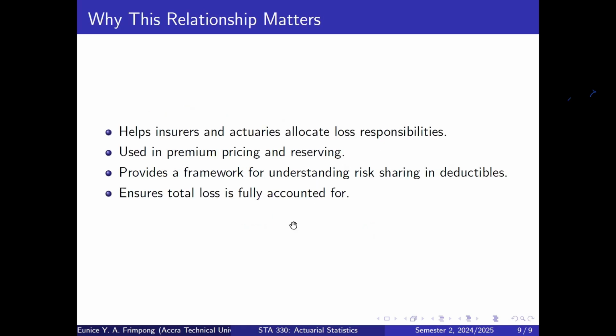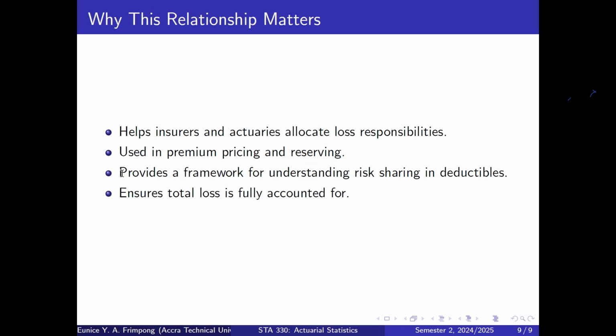The question now is, why do we care so much about this identity? The first thing is that it helps insurers and actuaries allocate responsibility between the insurer and the insured. Secondly, it's used in premium pricing to determine fair costs for both parties.